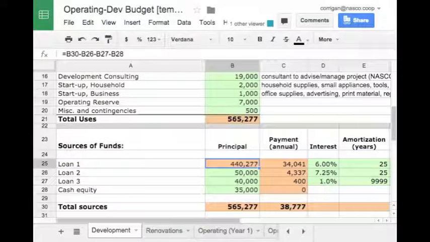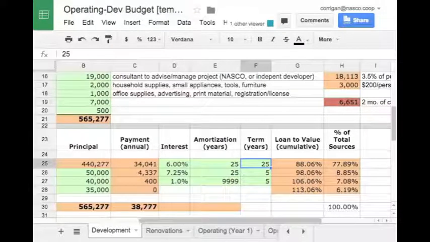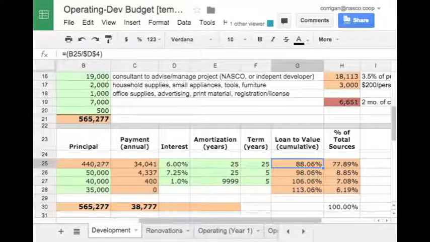Say your first loan is going to be $440,000 and the home is appraised at $500,000, and that would mean that the loan to value is 88%.